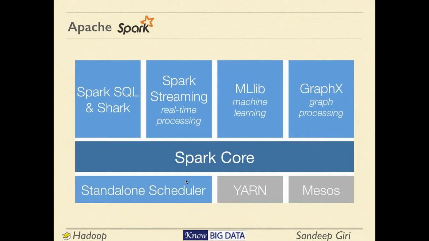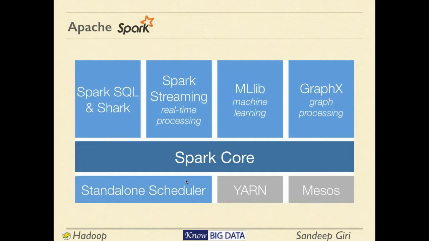Similar to Hive, we have Spark SQL here, and Spark Streaming is also present, because Spark is a really fast system, so it was possible to build a streaming solution on top of it. These are the four other components which are based on top of the core Spark.